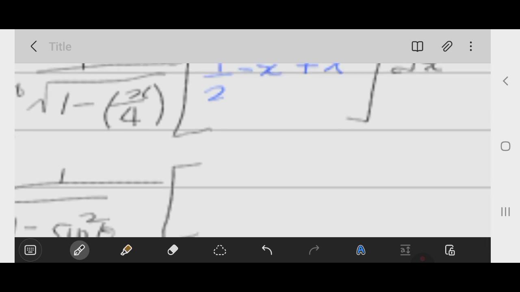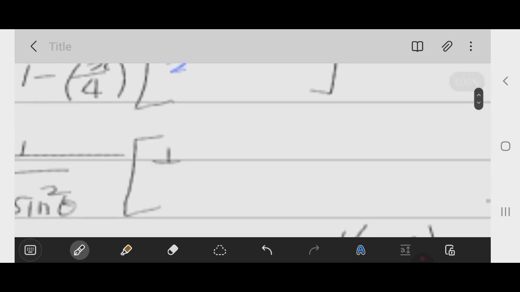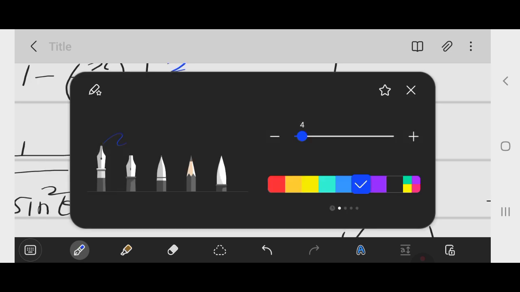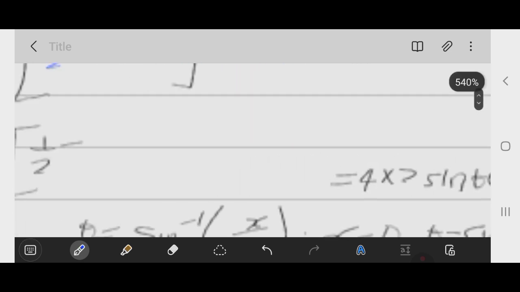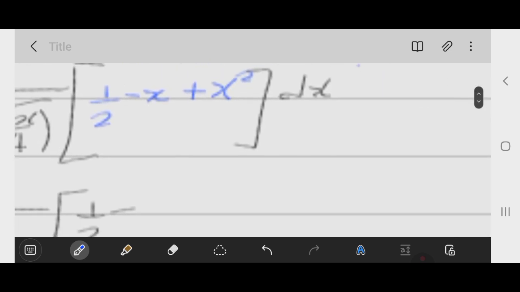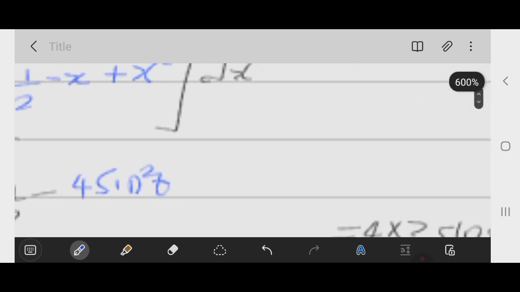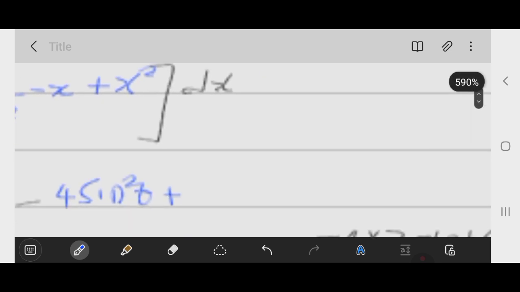So the rest of the expressions come in now. But remember that x is no more x. It is now 4 sine squared theta. So let's substitute. And here also we'll do the same.